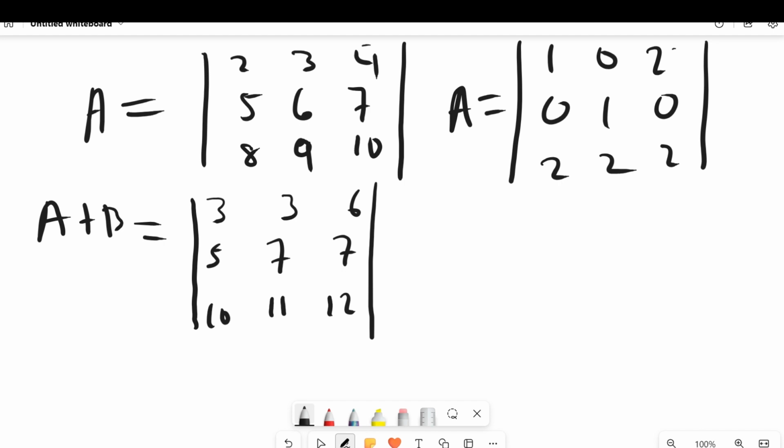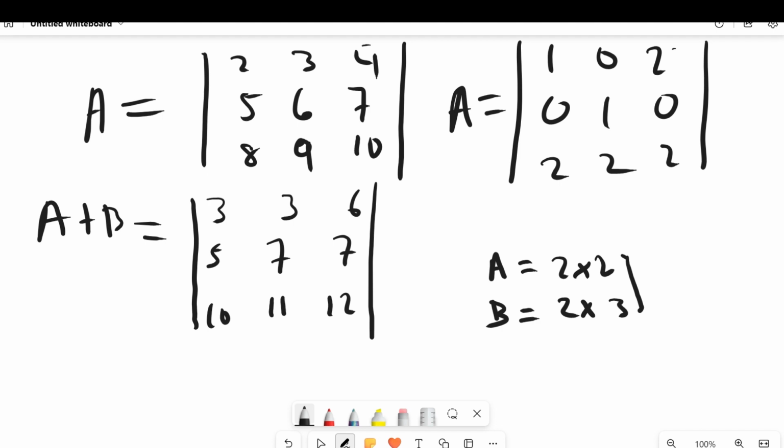So as for matrix subtraction, it is going to be the same. Notice that you can only add two matrices if the dimensions are the same. Let's say, for instance, the dimension of matrix A is a 2 by 2 matrix, and the dimension of matrix B is a 2 by 3 matrix. Notice that these two matrices cannot be added.